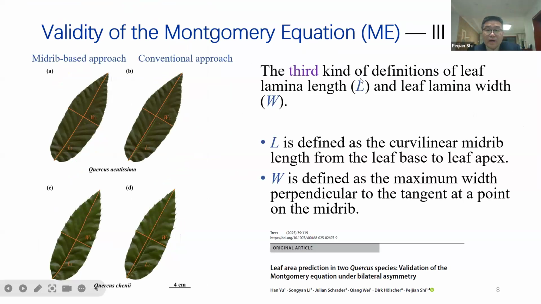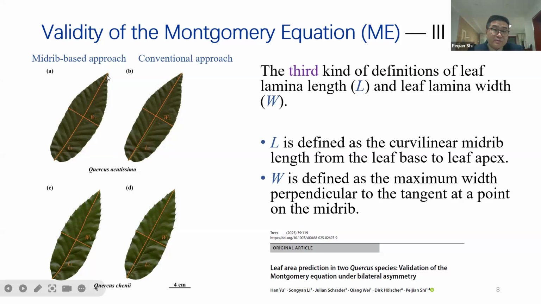Here is the third kind of definitions for the leaf length and the leaf width. As we know, the true leaf length should be the length of the midrib, the first order vein. It should be considered for some leaves which are not perfectly bilaterally symmetric.